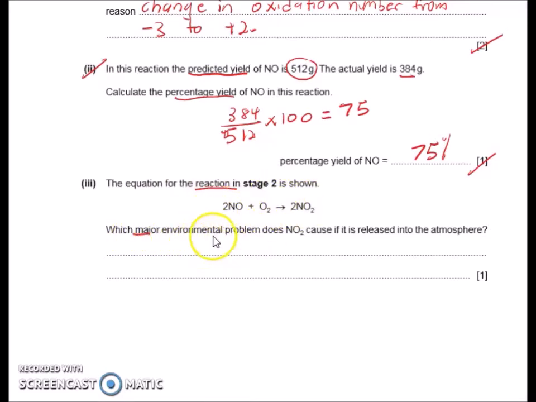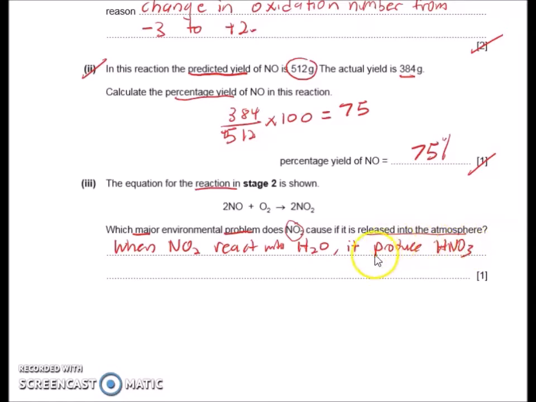Which major environmental problem does nitrogen dioxide cause if it is released into the atmosphere? So the issue here will be when nitrogen dioxide reacts with water, or you can simply put H2O, it produces nitric acid, which is this.